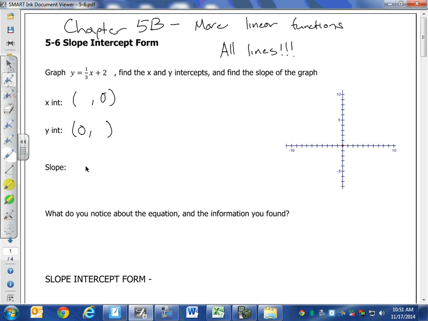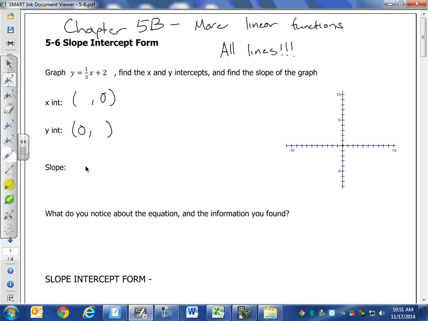Good. You plug in 0, you just get y equals 2. Oh, okay. That's it. But here, you get just positive. Why did you get positive? You should get negative 2, because it's negative 2 times 3.